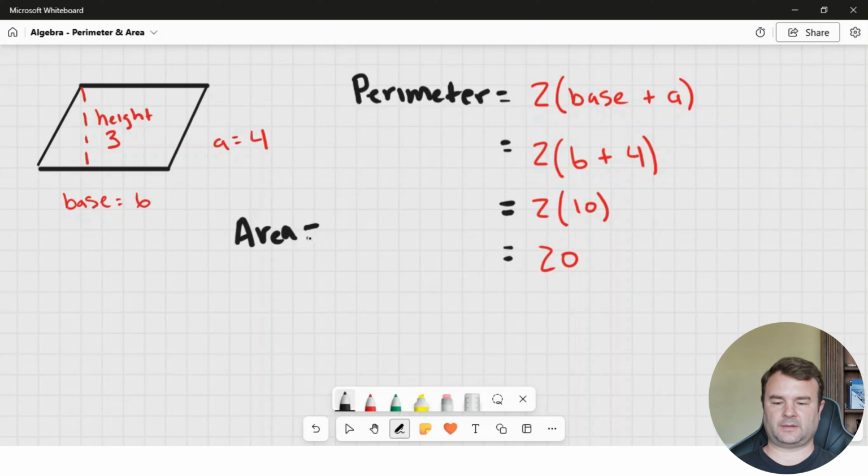So the area is simply the base times the height. So B times H, base times the height.